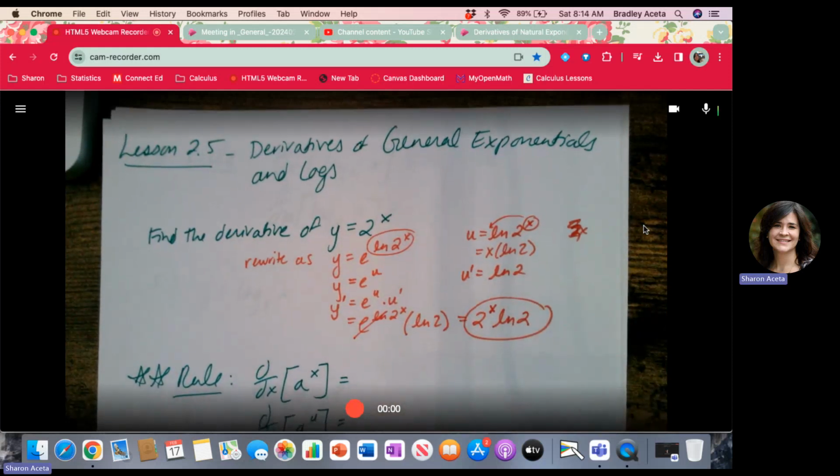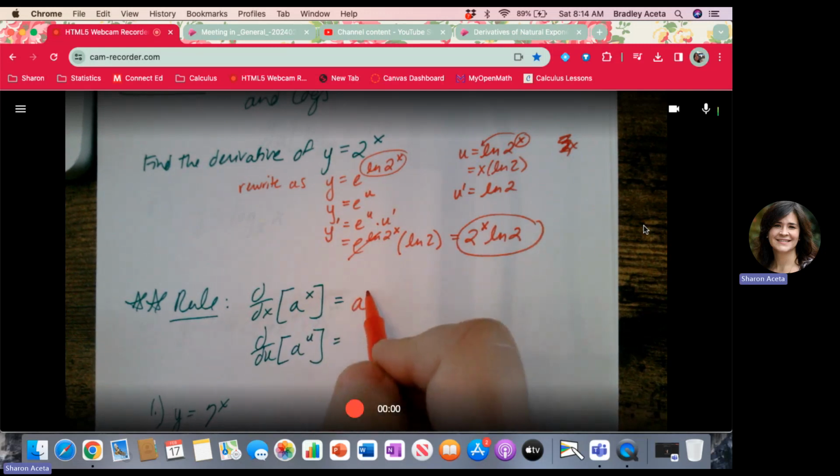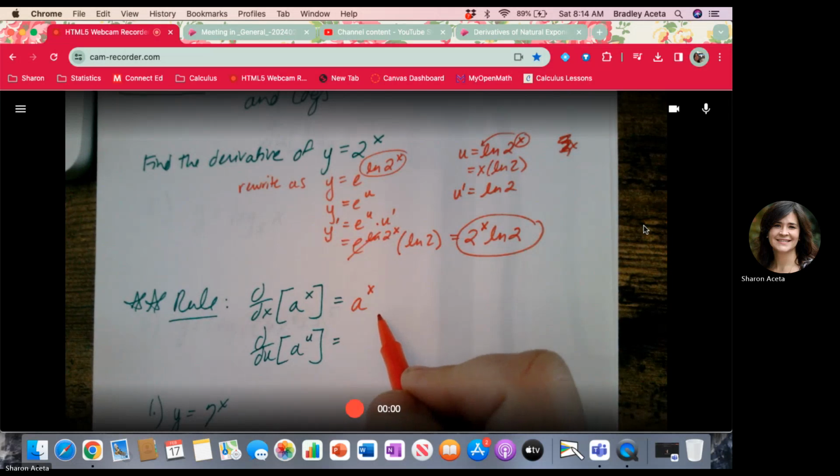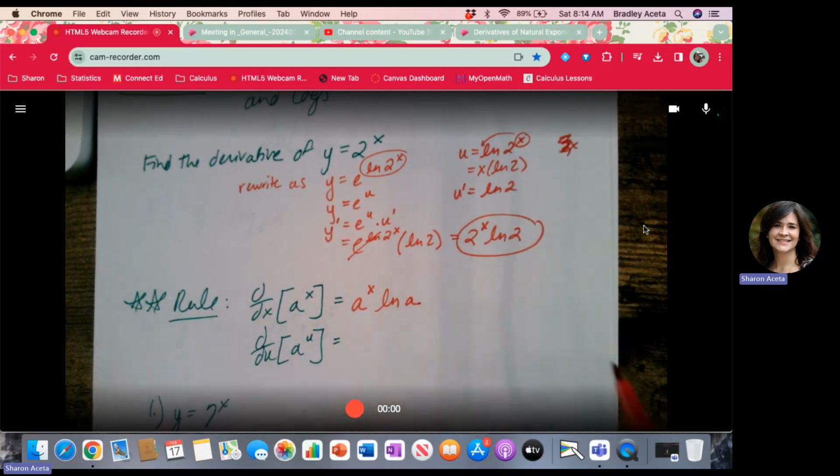So what would be a good generalized rule for any a to the x power, any base, any 3 to the x, any 7 to the x? We could have actually done this with e to the x. Well, just like e to the x, you write it again, and if this is not a base e, you're going to attach ln a.